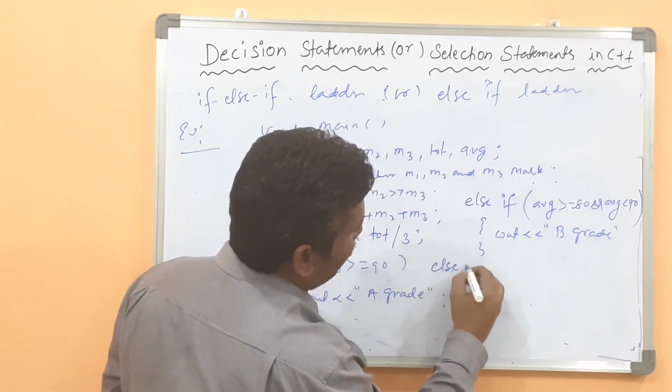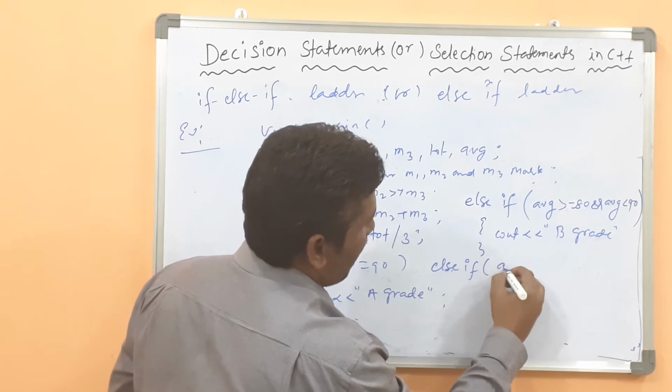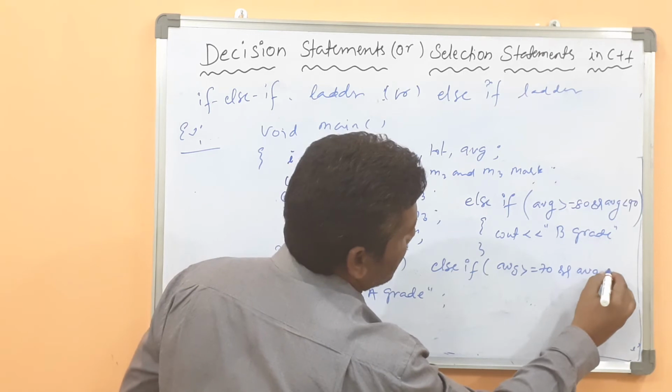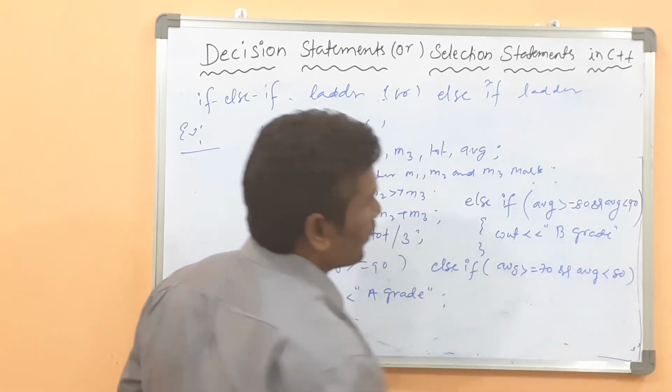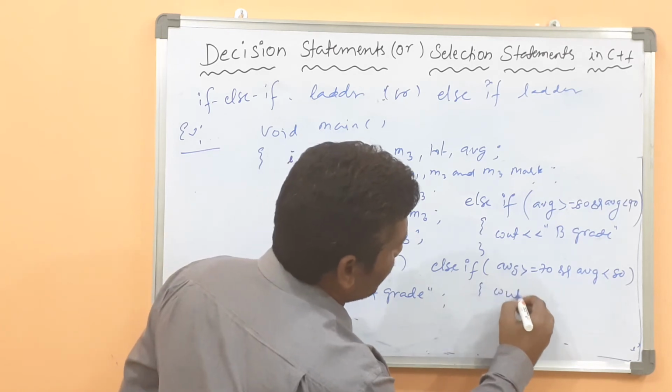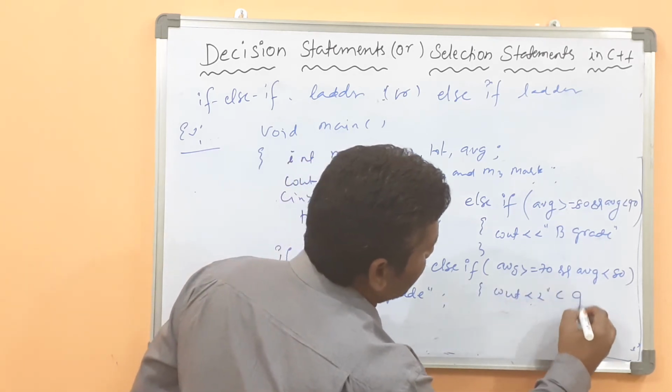Then else if average is above 70 and below 80, then cout C grade.